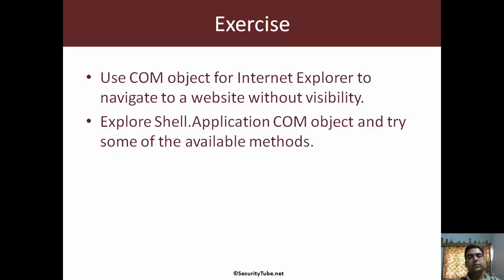Again, this is very useful if we want to forcefully browse a target machine to a website which contains, let's say, an exploit for Internet Explorer or something like that. Also explore the Shell.Application COM object, which we saw right now, and try some of the available methods. So that is all for this video.